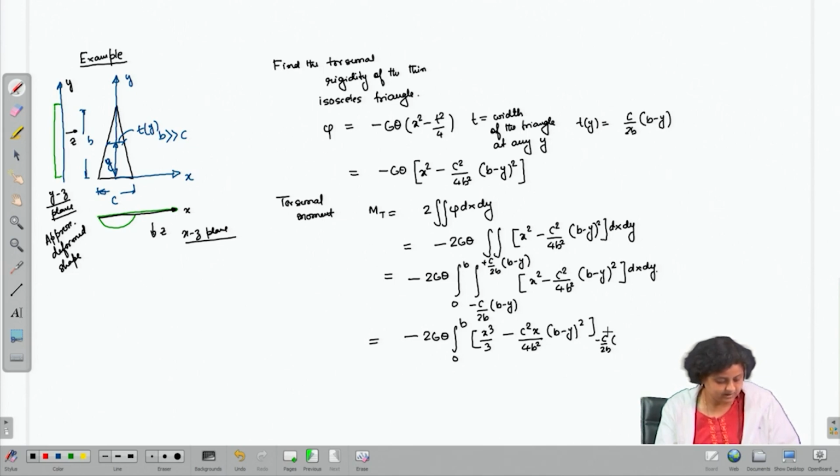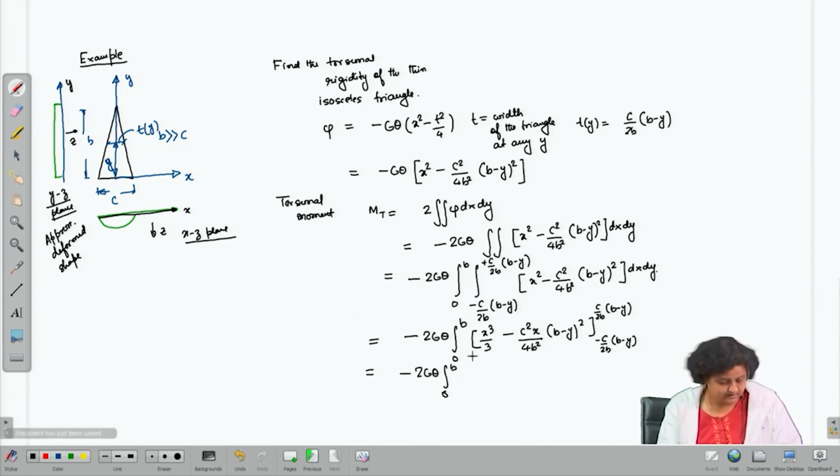After imposing the limits and evaluating, this is going to be minus 2G theta, integral from 0 to b, of b minus y whole cubed dy, into 2c cubed by 12b cubed.